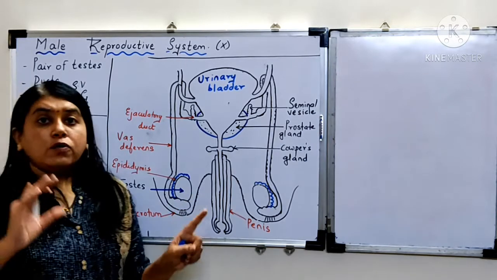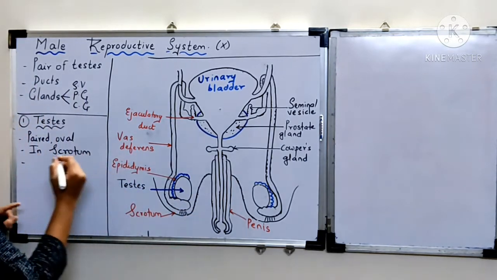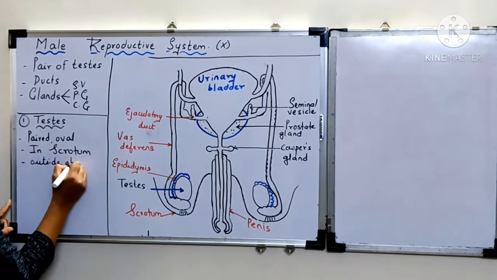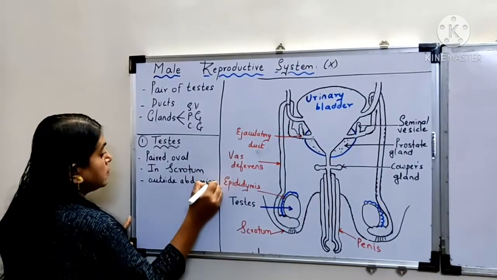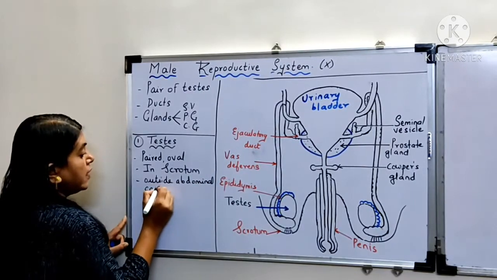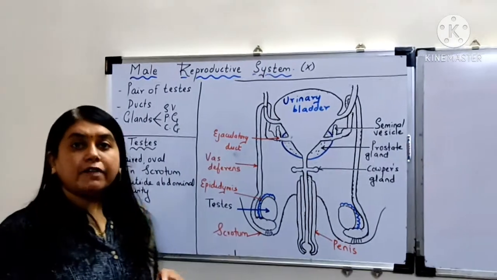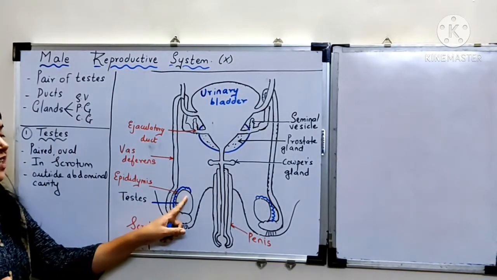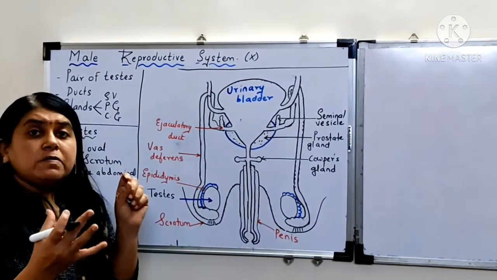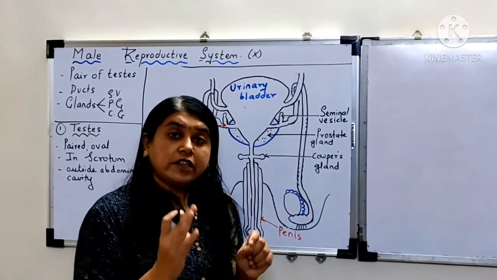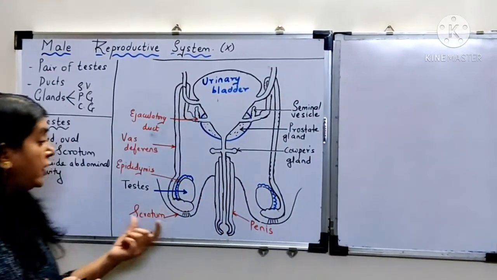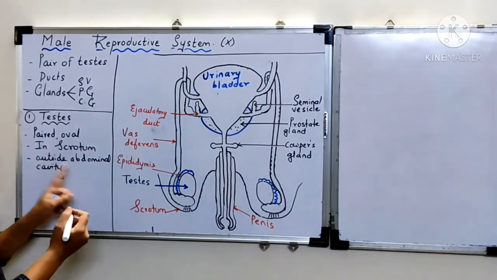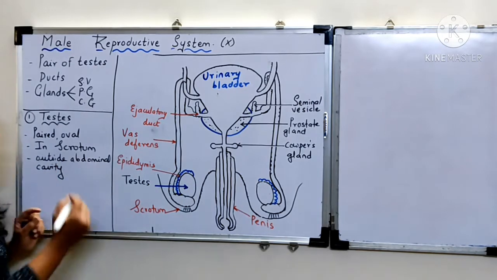They are present outside the abdominal cavity. It is because the sperms are produced in the testes and the sperms require less temperature than the normal body temperature. Therefore, they are present outside the abdominal cavity in the scrotum.